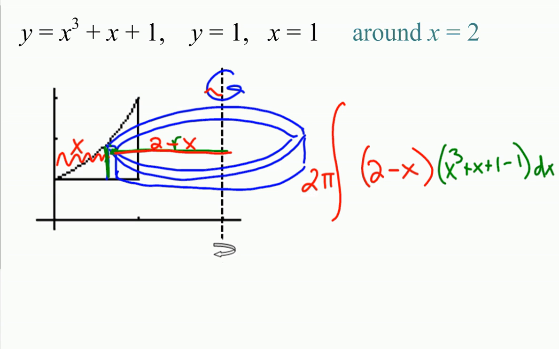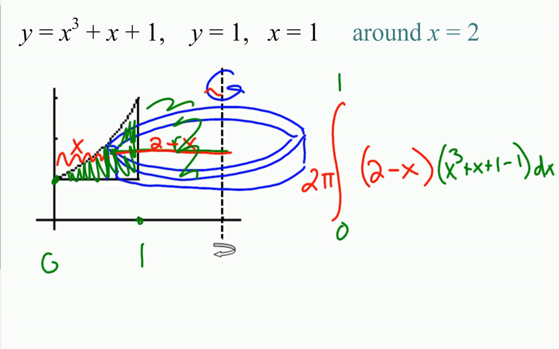And we're integrating with respect to x. Our x goes from here, which is 0, to here, which is 1. You don't count x going to 2 here because you just want this region, and in that region, x only goes from 0 to 1. So I go from 0 to 1, and then I plug it into my calculator or integrate it by hand.